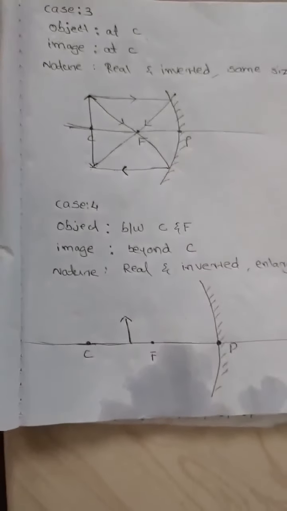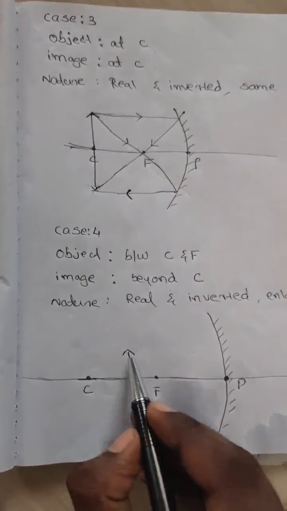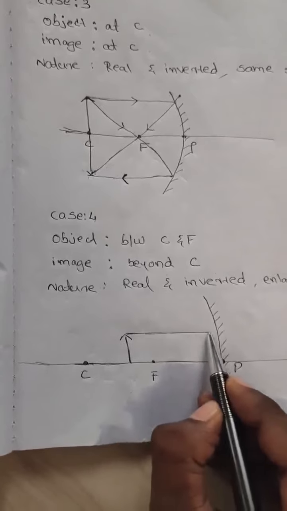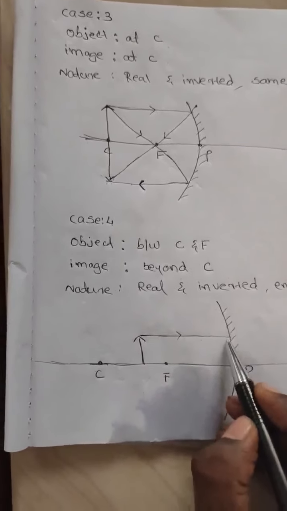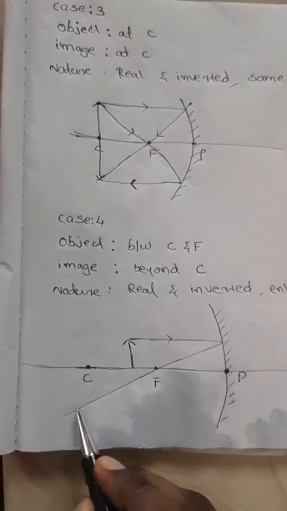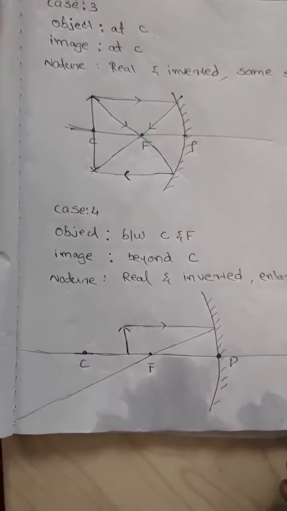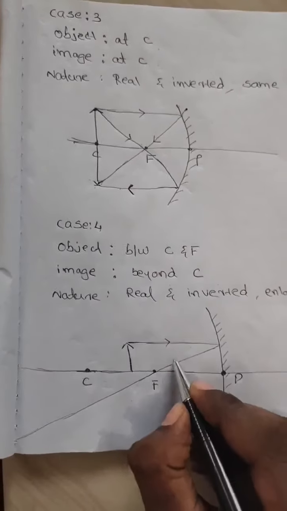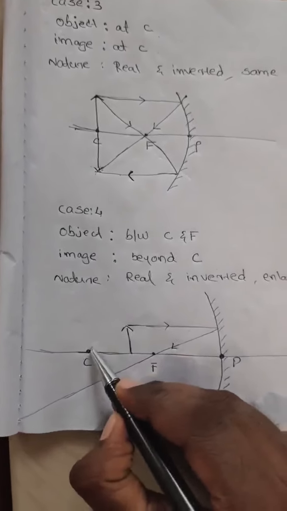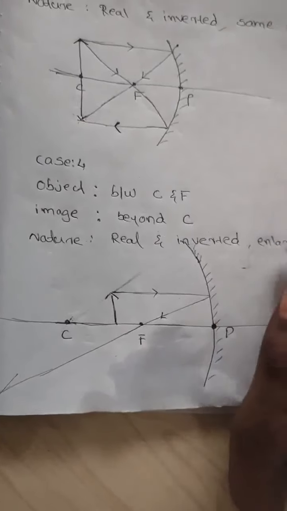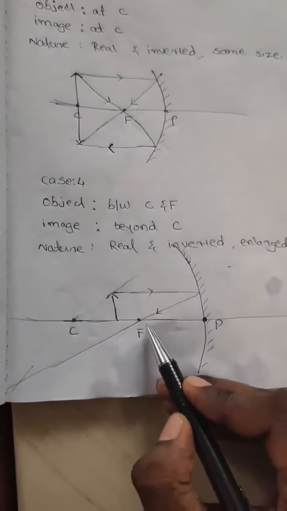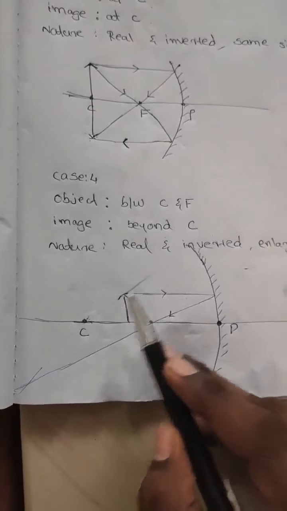And look at the rays that I am using to form the image. First, we know that a ray moving parallel to the principal axis, after reflection, will move through the focus. So this is our first reflected ray, and we need one more reflected ray.